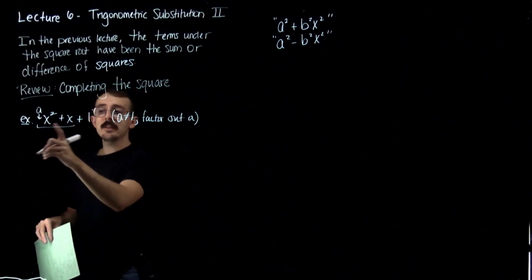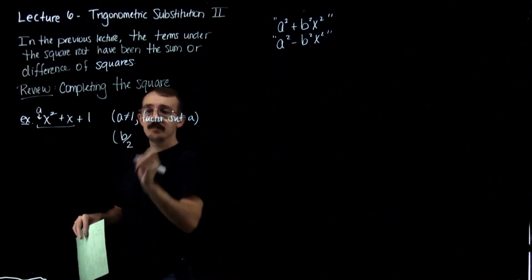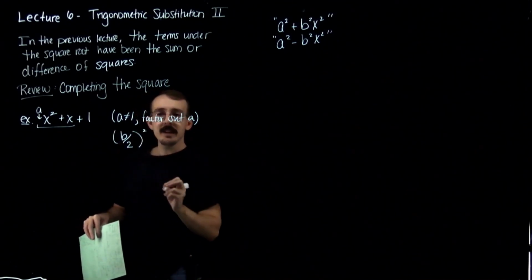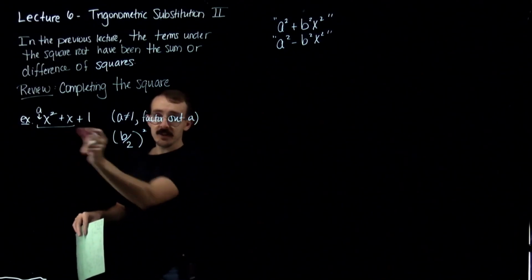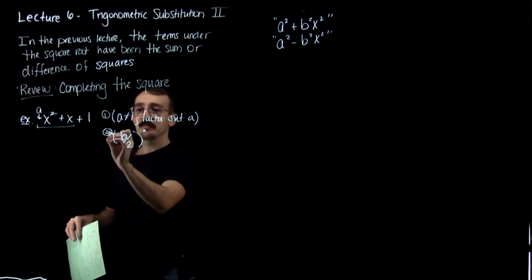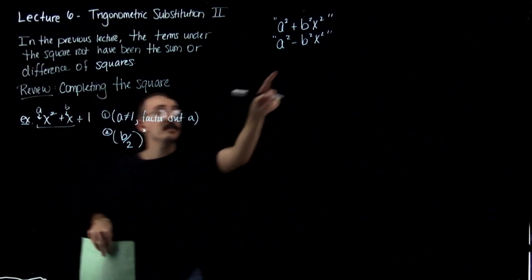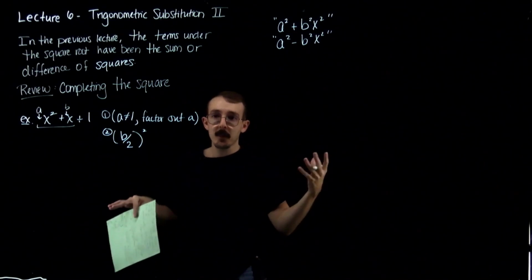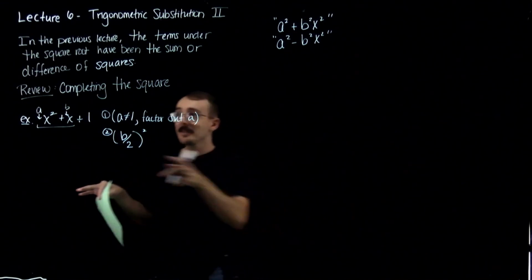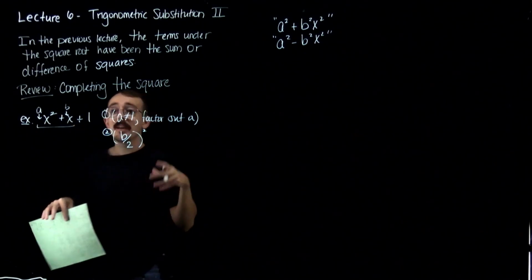So now we need to look at the b term. And we need to take half of b, and we need to square it. And we're going to introduce that into the expression. So you could think of this as like step 1, and this is step 2. So the b term that I'm talking about, and again, not to be confused with this b. This is very poor constant that I've chosen. But in Algebra 2, you usually say b is the term in front of here.